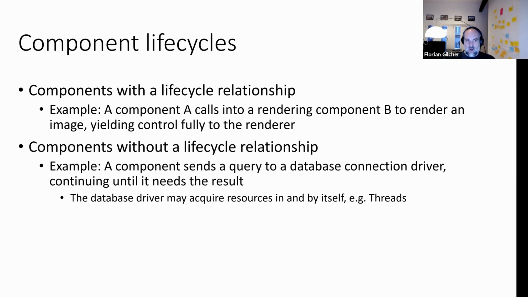And if we talk about components, we also need to quickly talk about component life cycles. There are components with a life cycle relationship. So as an example, a component A calls into a rendering component B to render an image, yielding control fully to the renderer. So you have maybe your application, and at some point it wants to render, so it calls into a rendering component, but does not do anything until the rendering is done, and then it gets control back.